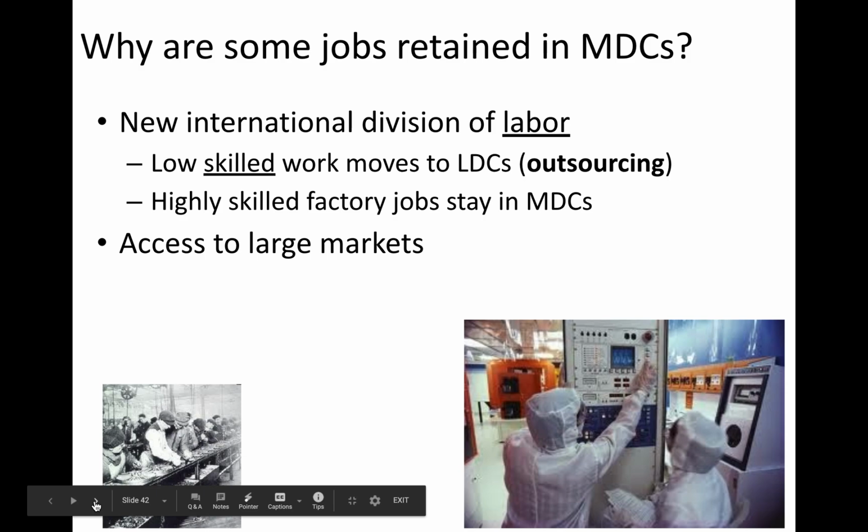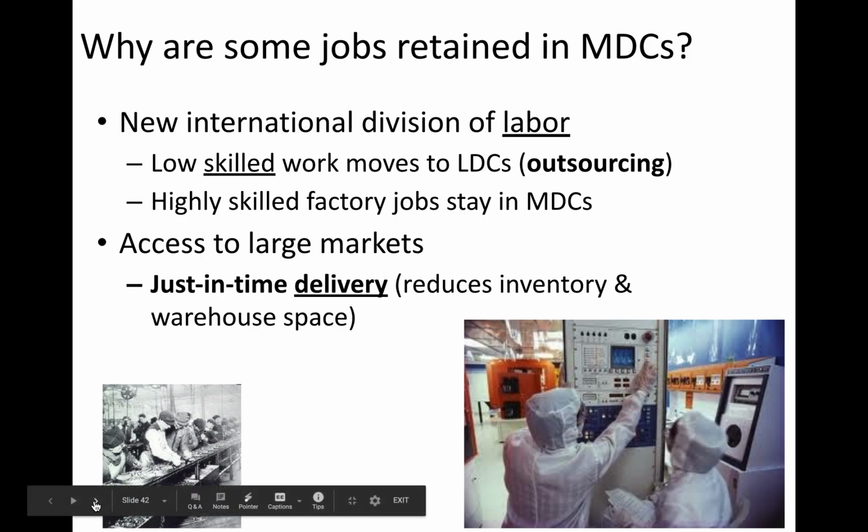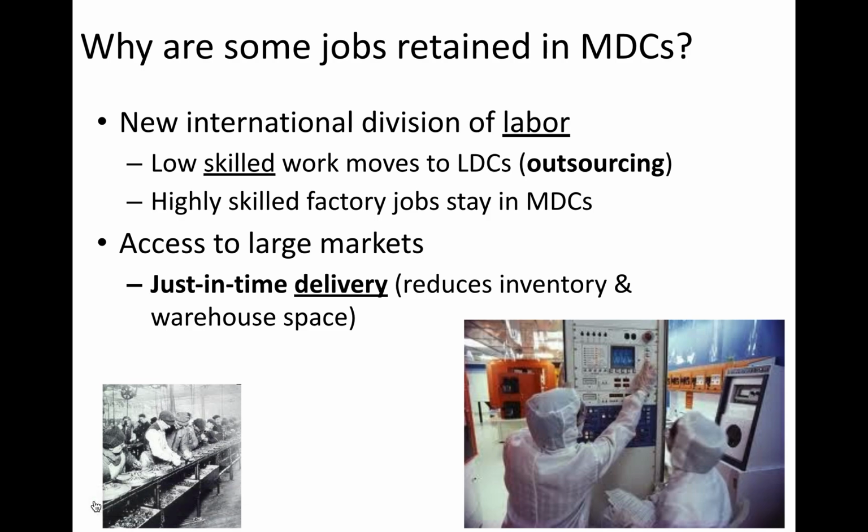And then MDCs will have access to markets, but also access to a talented, skilled workforce. And then also they can have just-in-time delivery, which is a warehouse that has constant turnover of manufactured goods, where they eliminate any inventory or heating or air conditioning costs of a building.